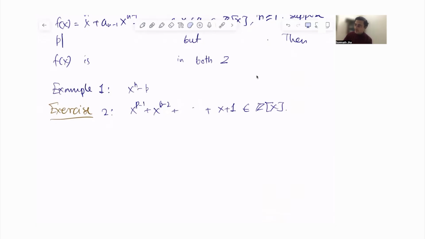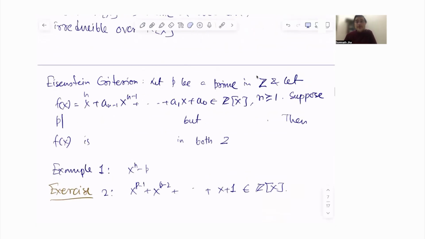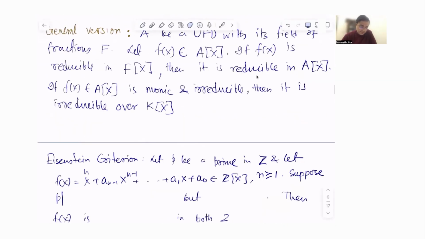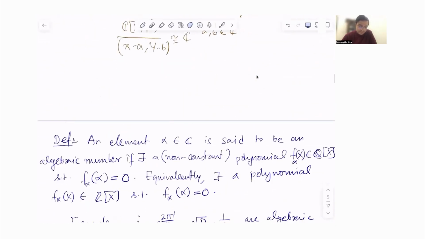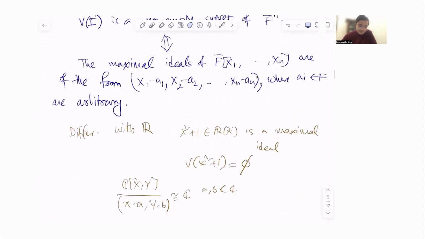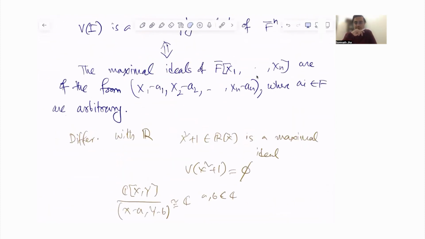Okay, so welcome back. Last time we discussed zero sets of polynomials and we saw some examples. We ended by saying that all maximal ideals of C[x1, x2, ..., xn] look like (x1 minus a1, x2 minus a2, ..., xn minus an), and for n equal to 1 we have proved that.